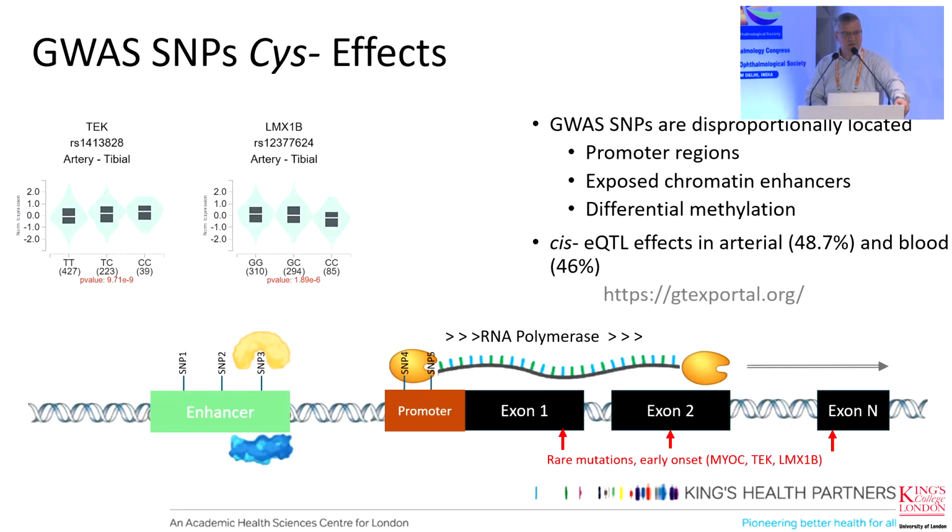Here I'm bringing a few examples. TMCO1 has important SNPs that are common in the population and associated with changes in the transcription process, and so is LMX1B, the gene behind nail patella syndrome, and the ABO SNPs apparently are associated with both IOP and have eQTL effects.